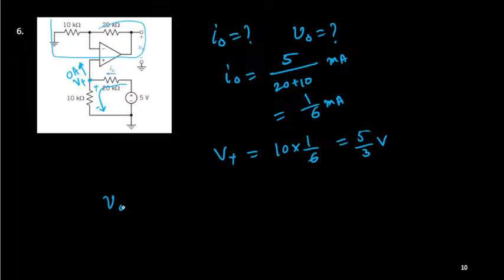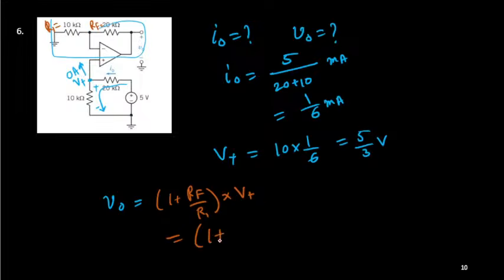So what is the V naught? For that circuit, this is your R1, and this is your RF. So 1 plus RF by R1 is the gain, multiplied by the supply voltage, that is your V plus, the node potential at the non-inverting terminal.